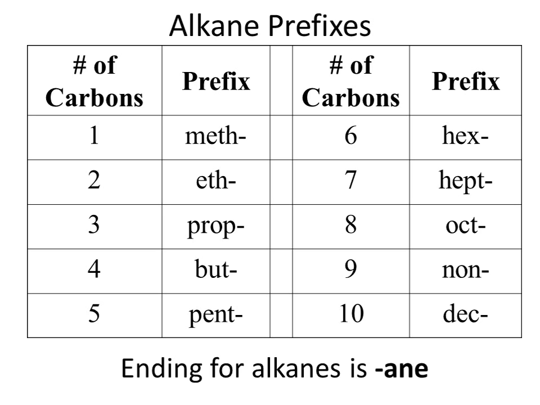For hydrocarbon naming and in organic nomenclature, the prefixes that are used are meth for 1 carbon, eth for 2 carbons, prop for 3 carbons, and but for 4 carbons. So it goes meth, eth, prop, but, pent, hex, hept, oct, non, and dec.